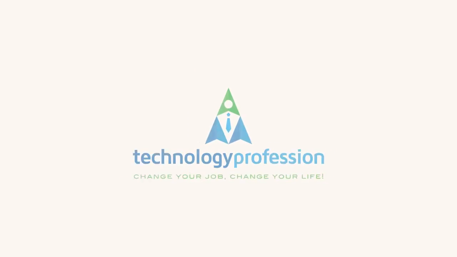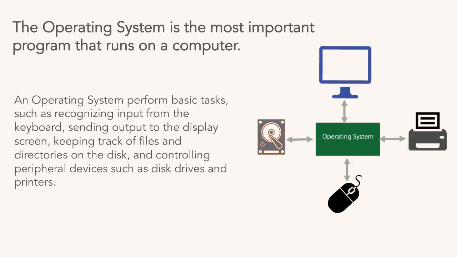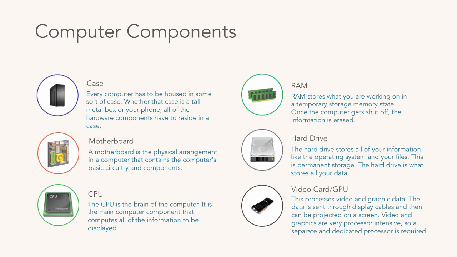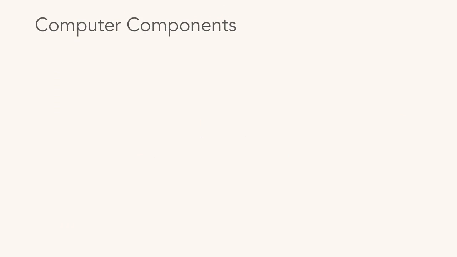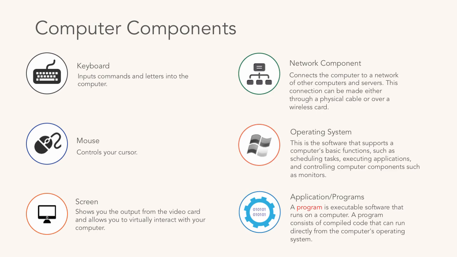All right, so that's the end of our session on computers. I didn't want to get too deep and geek out on you. The whole purpose of this session was really just to give you a foundation of what a computer is. And just to refresh, a computer is a series of components: your case, your RAM, your motherboard, your hard drive, your CPU, your video card, and your keyboard, mouse, screen, networking, operating system, and apps.